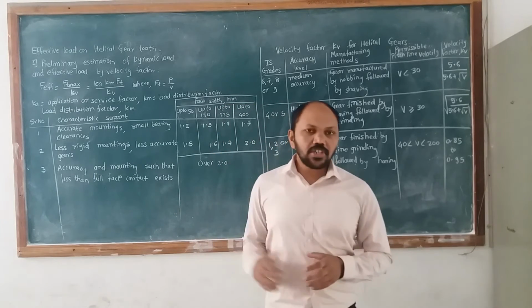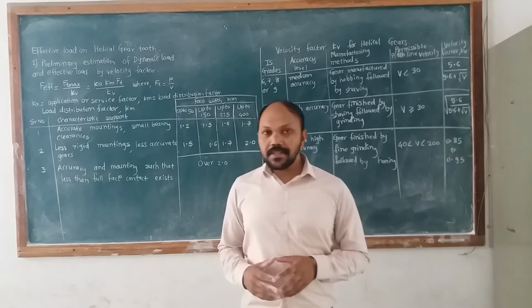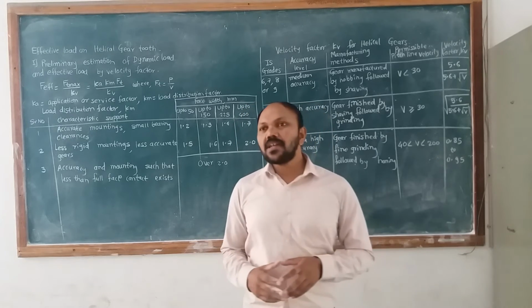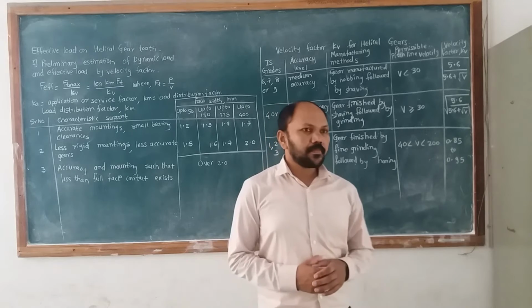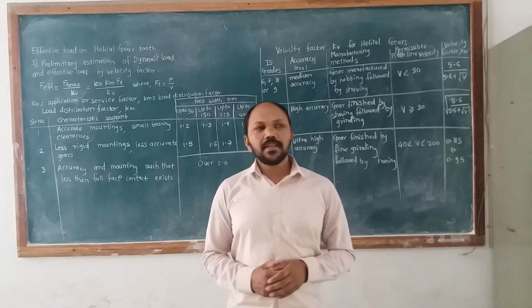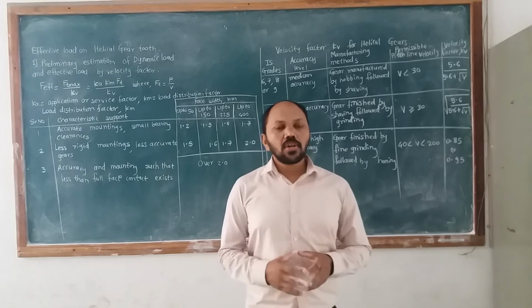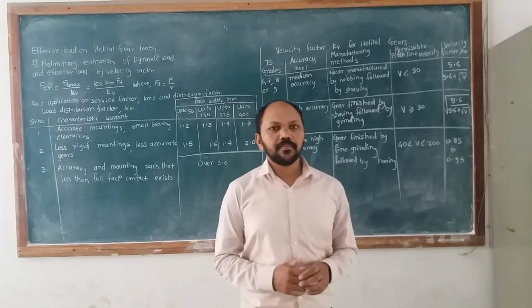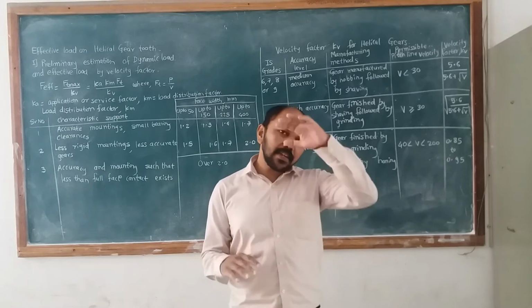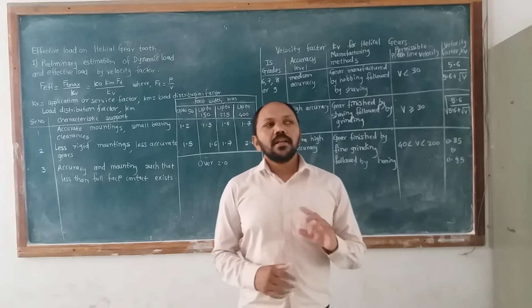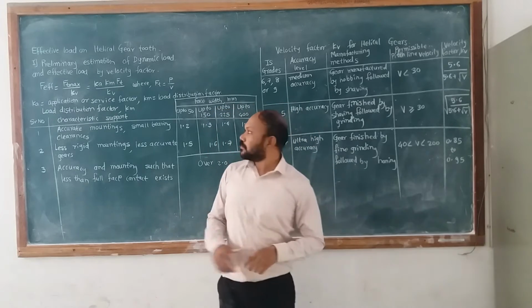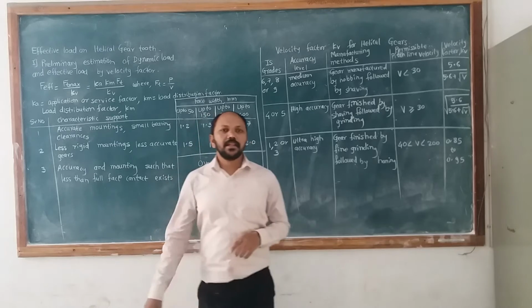But when these relations were developed by the scientist Lewis, he suggested some assumptions, and we assume that this torque is constant, but in the actual situation torque is fluctuating. To compensate for that fluctuation, this Ka factor is introduced.